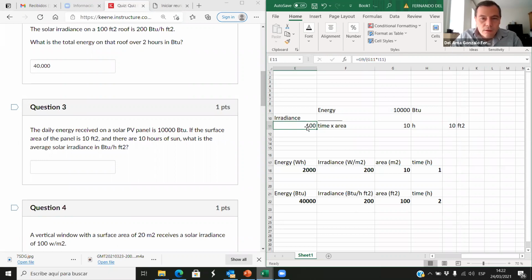There you go. So the irradiance is 100. We have the energy in BTUs, and the final units are BTU divided by hour divided by square feet. So it's 100.